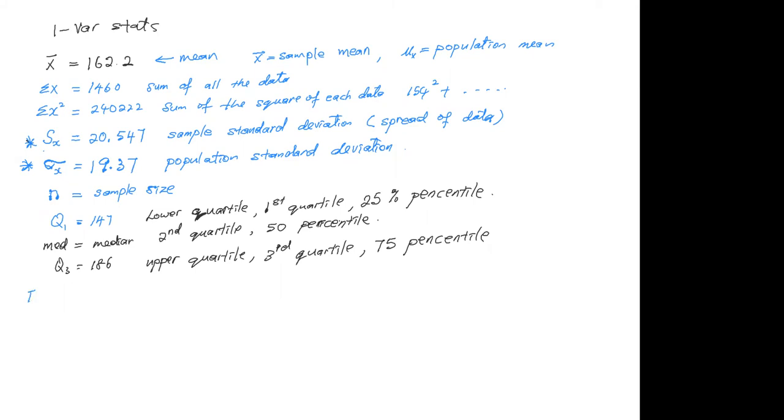So that is called the interquartile range, Q3 minus Q1. How about range? Largest value minus the smallest value. Yes, maximum minus the minimum.